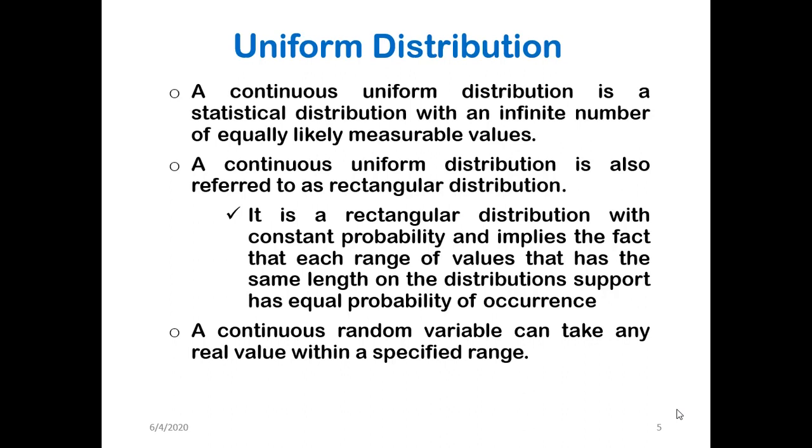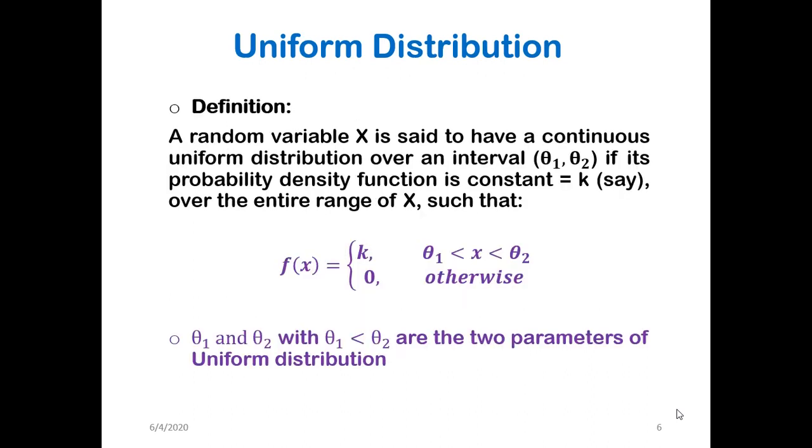And you can see here is the definition: a random variable x is said to have a continuous uniform distribution over the interval theta 1 to theta 2. You can use whichever letters you wish. I've used theta 1, theta 2; someone else can use maybe A to B, whichever letters you are comfortable with.